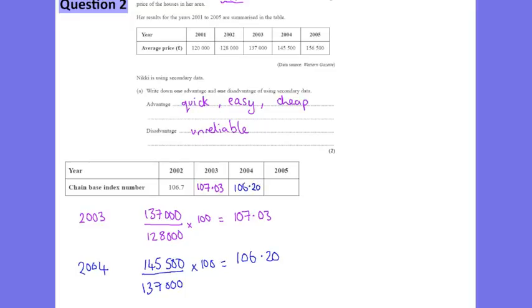And then moving on to our last year here, 2005. Our price, 156,500. Divide by the previous year, 145,500. Multiplied by 100, chain-based index number of 107.56.